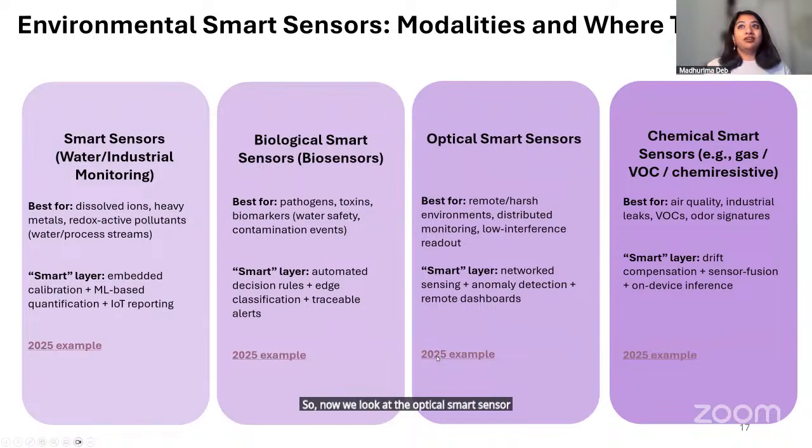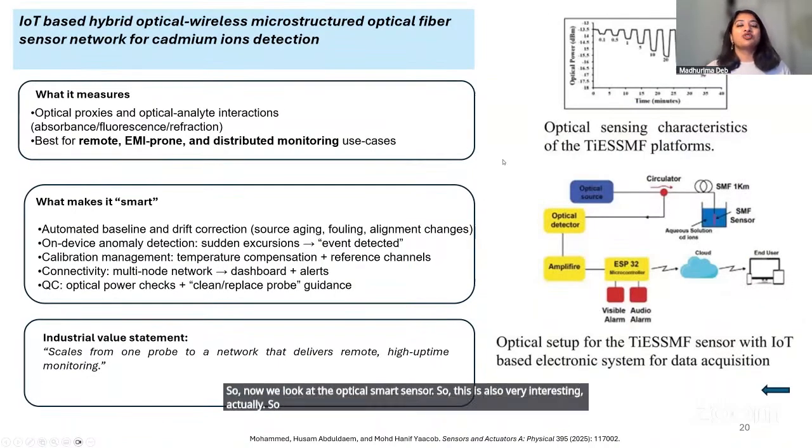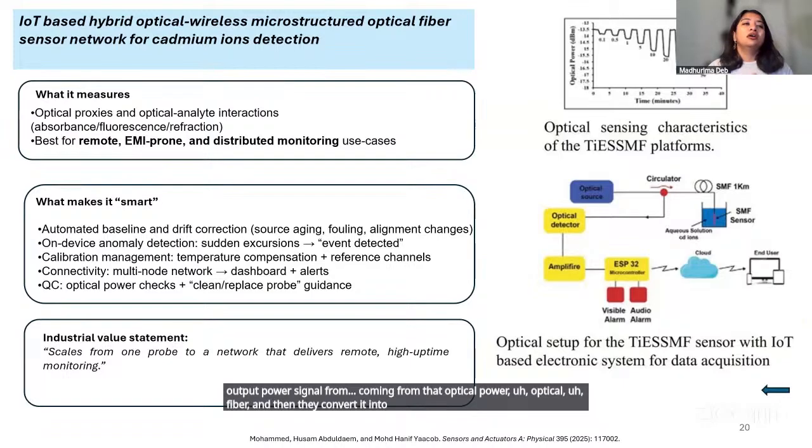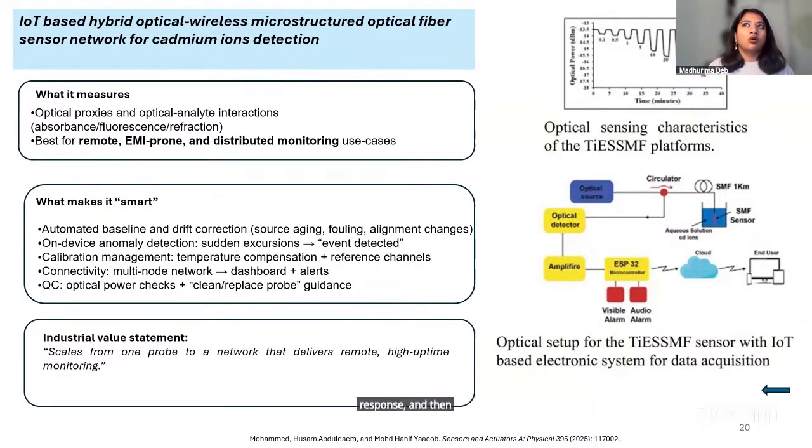So now we look at the optical smart sensor. This is also very interesting. They have used an optical fiber sensor, which is very good for remote sensing. They dip that in a solution of cadmium, and they convert the output power signal coming from that optical fiber into a digital response, and then they do all this ML functioning with that.